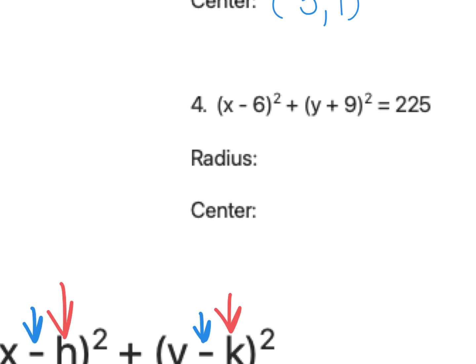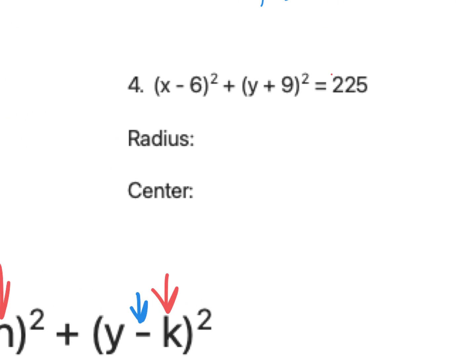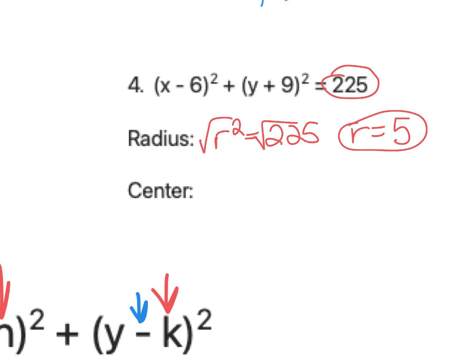One more over here. Here we have 225, and remember when it's given to us, our radius squared is 225. So if we take the square root of both sides, our radius would be 5. And then we're looking at x minus 6, y plus 9.